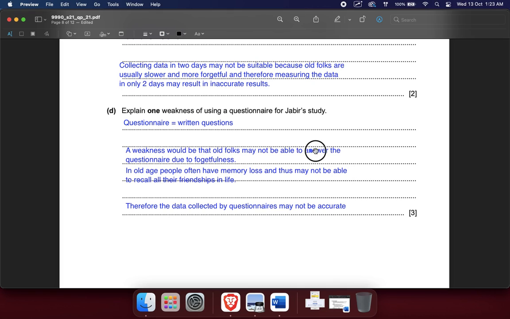Okay, a weakness would be that old folks may be forgetful, with memory loss, and therefore can't recall their friendships, can't answer a survey about friendships, therefore data collected may not be accurate. Right? So something along those lines, you get 3 marks.